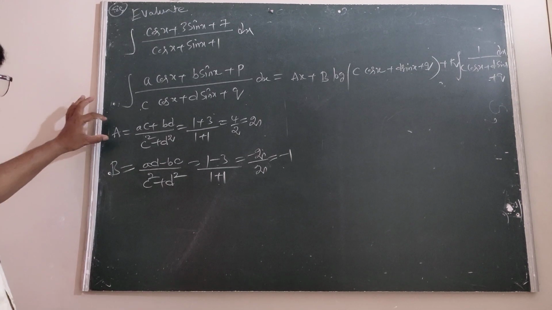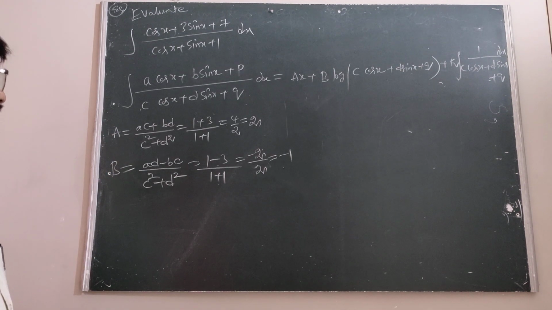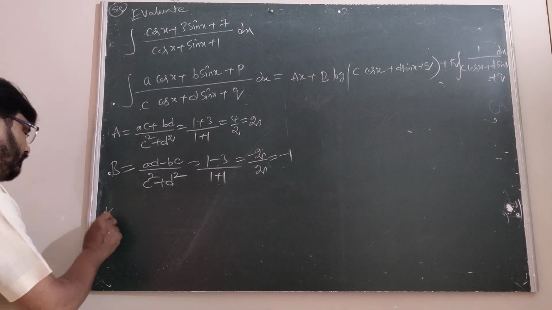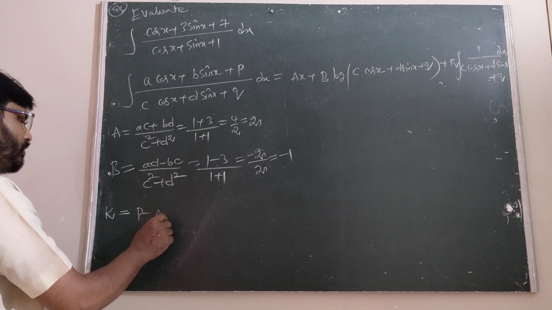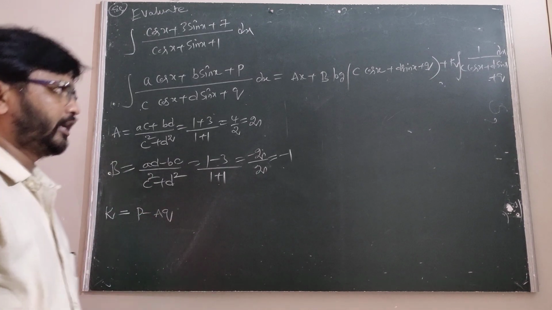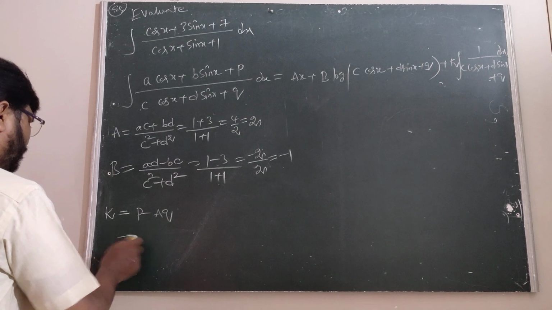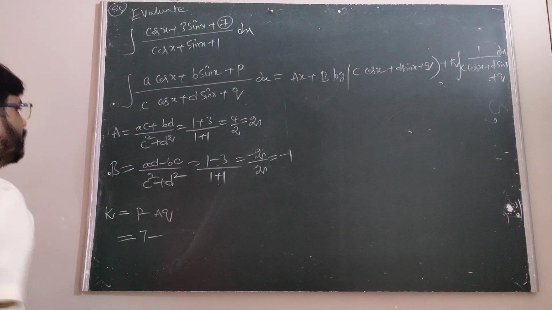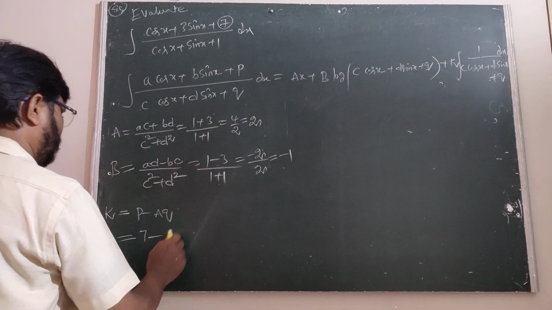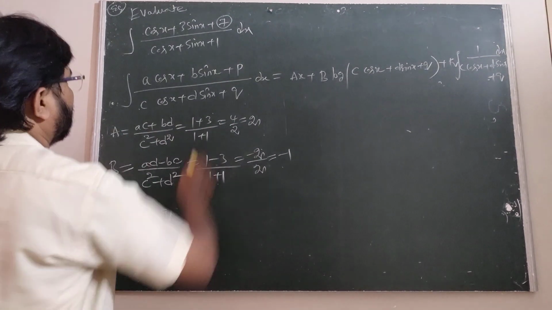Next one is capital K. Capital K is p minus aq. Here p is 7, minus aq: a is 2 and q is 1.